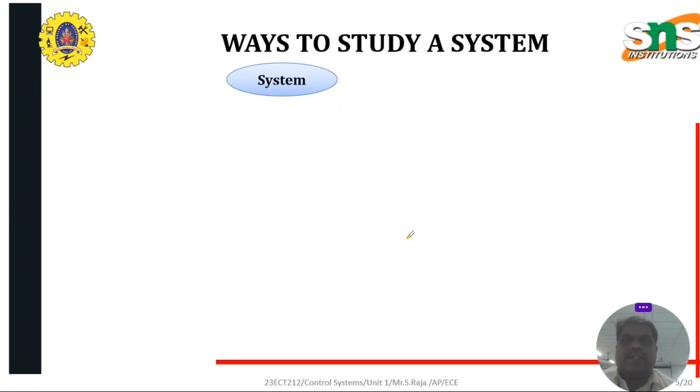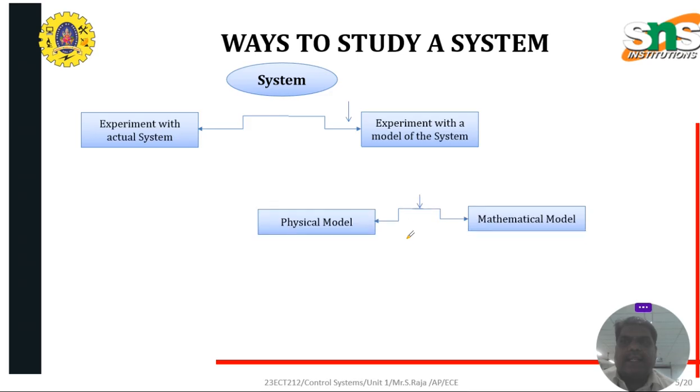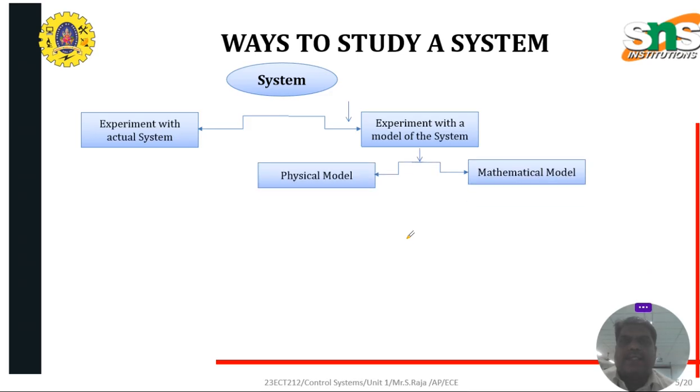Next, how do we study a system? First, a system is studied based on experiment with the actual system or experiment with a model of the system. The experiment with a model can be further classified into two types: physical model and mathematical model.